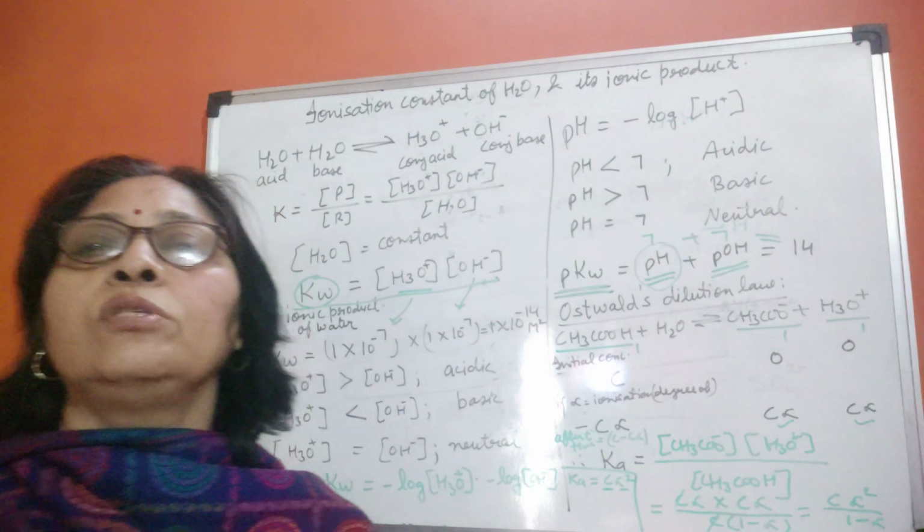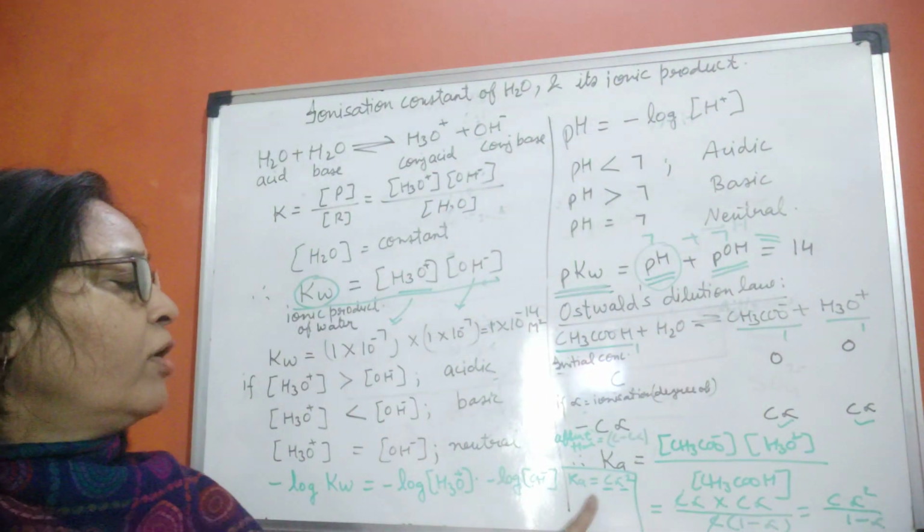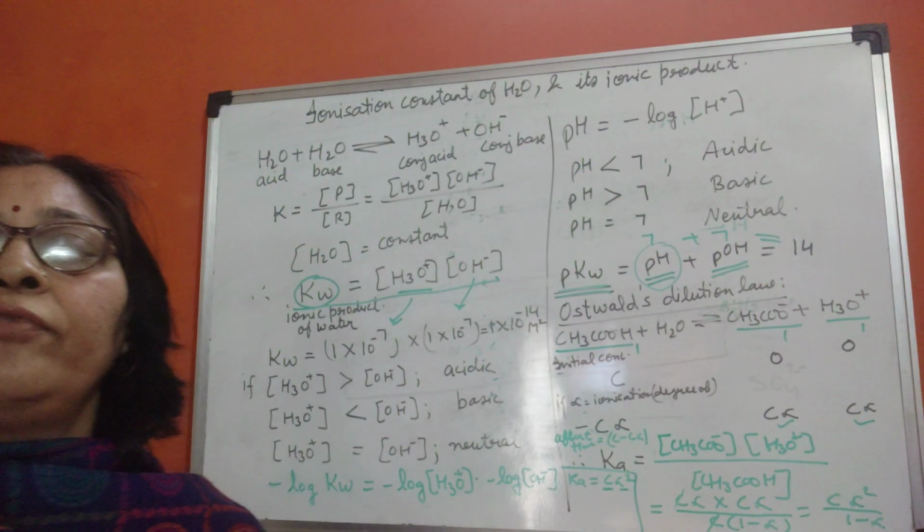So this is called Ostwald dilution law, and from this we get a relation between Ka and degree of ionization.